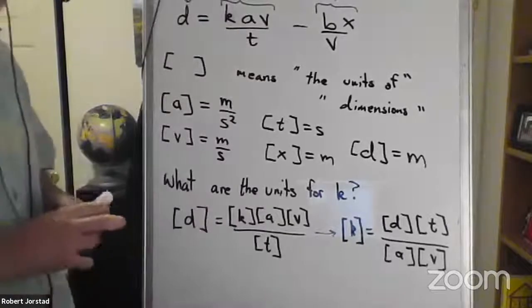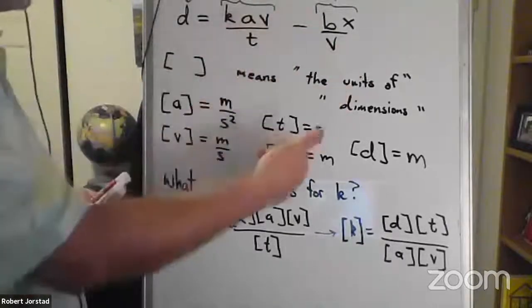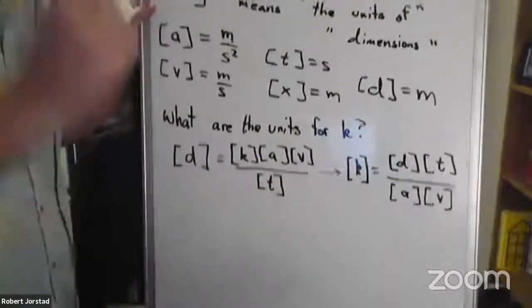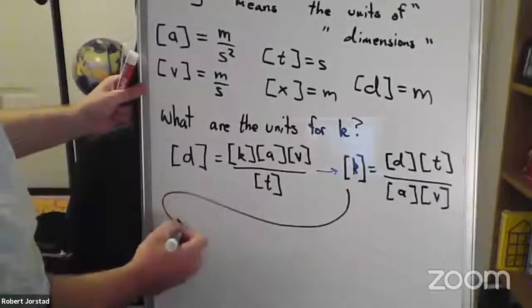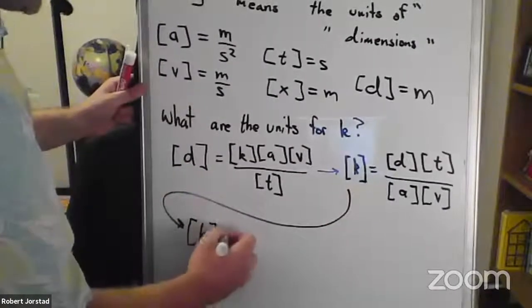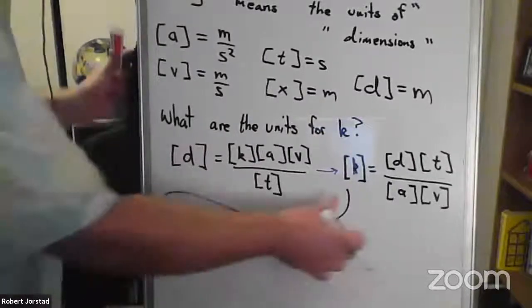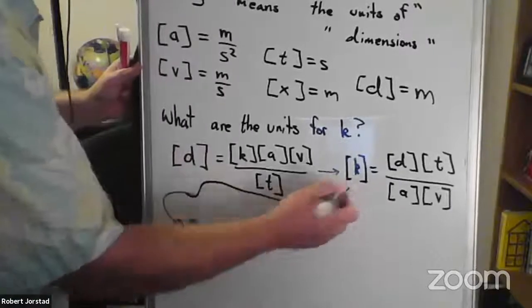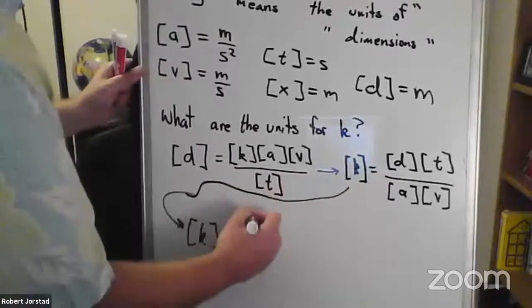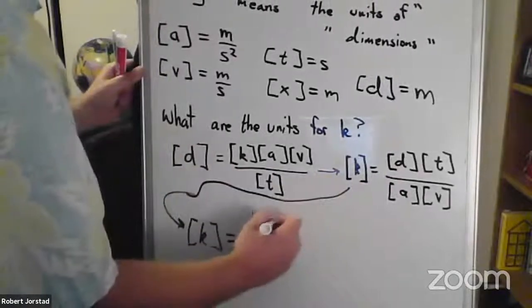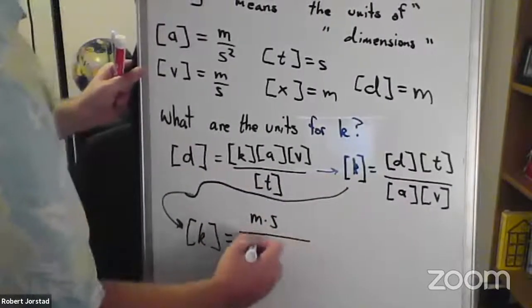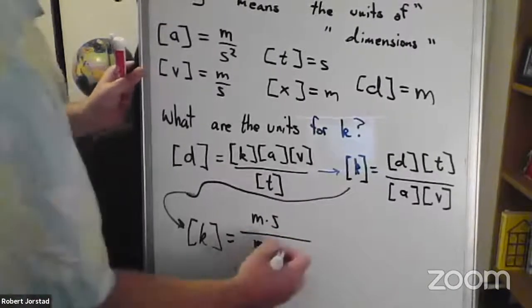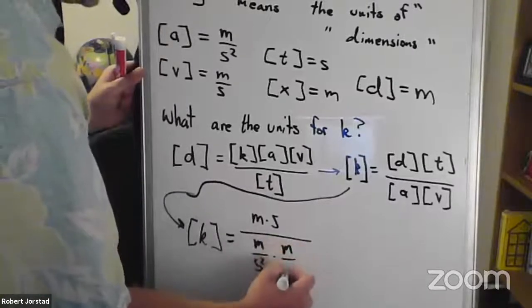Okay. Now, in this case, I plug in what all these different things are. I'm running out of room, so I've got to lower this down a bit. For the units of K, I hope you are going to see the merits of the horizontal fraction bar that I was whining about earlier. Right down here, it's going to be D, which is in meters, times T, which is in seconds, divided by A, which is meters per second squared, times V, which is meters per second.